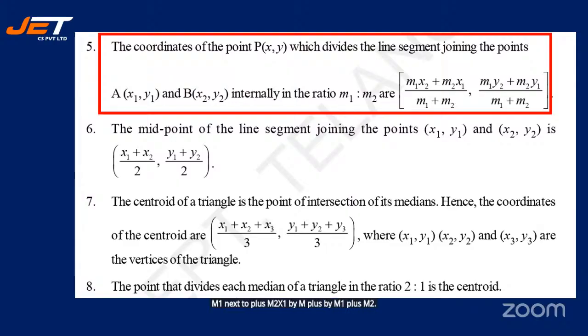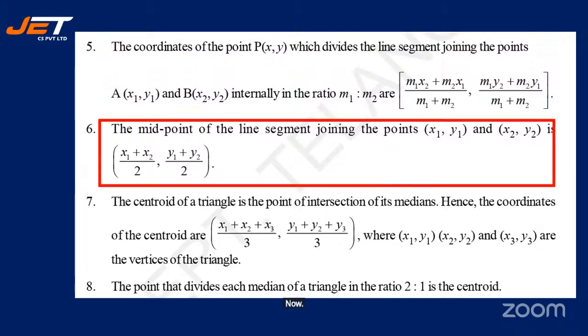Now another very important formula that many questions would be based on. The midpoint of the line segment joining the points x1, y1 and x2, y2 is x1 plus x2 by 2, y1 plus y2 by 2.